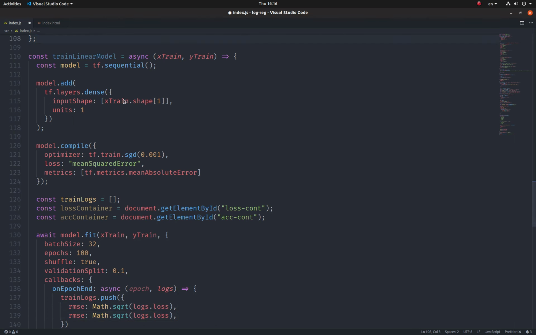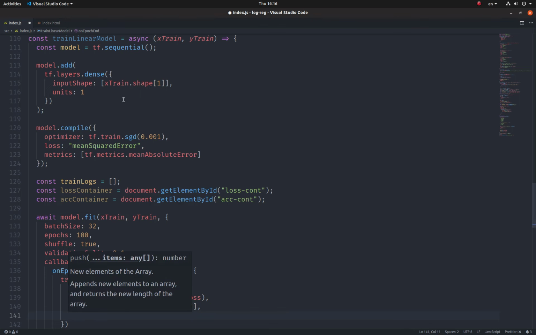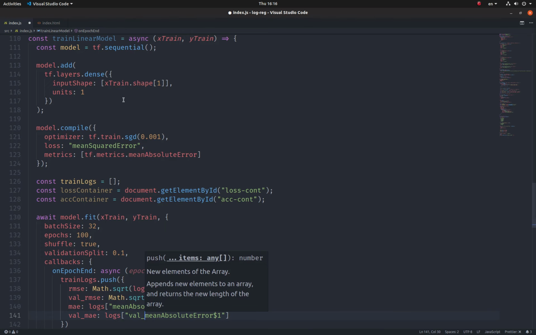Then I'm going to take the validation dataset root mean squared error, and in here I'm going to take the validation loss. So the next thing is going to be the mean absolute error, and here I'm going to take the mean absolute error like this, and the same thing I'm going to do for the validation dataset.